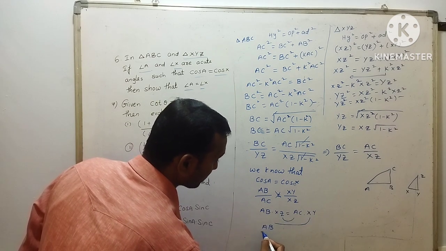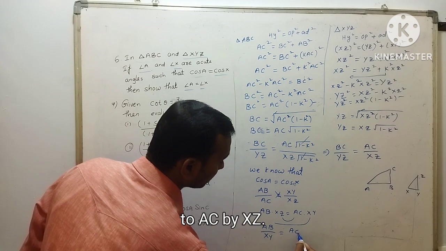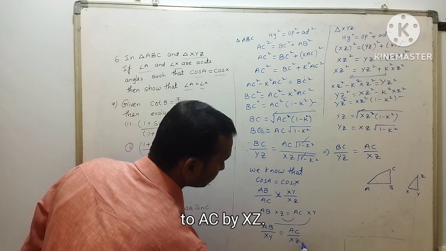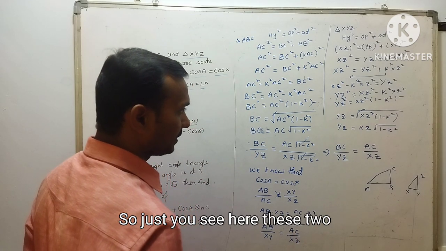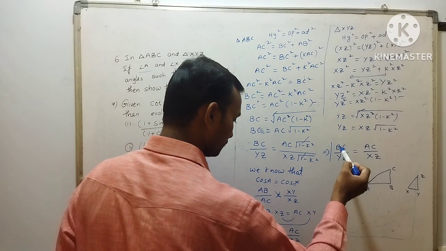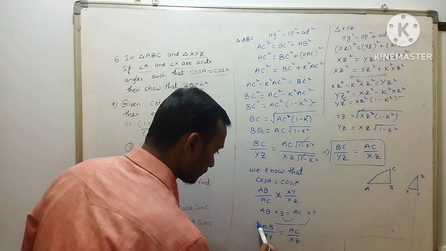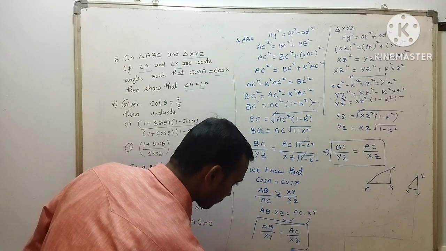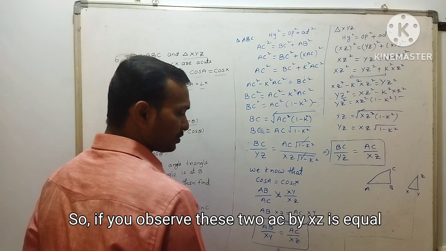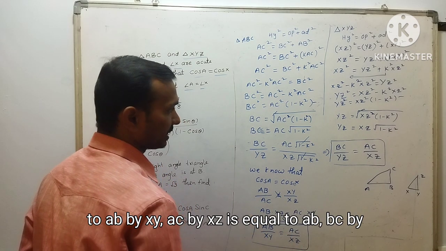AB by XY is equal to AC by XZ. So if you observe these two, AC by XZ is equal to AB by XY.